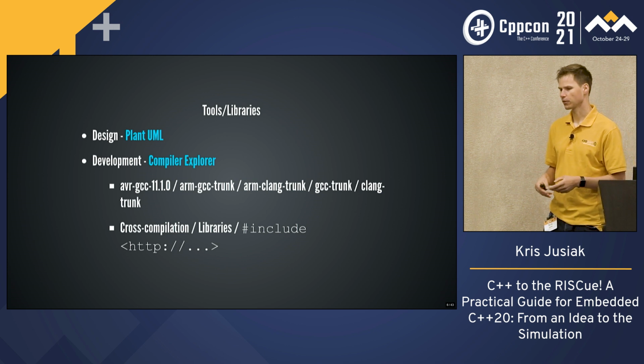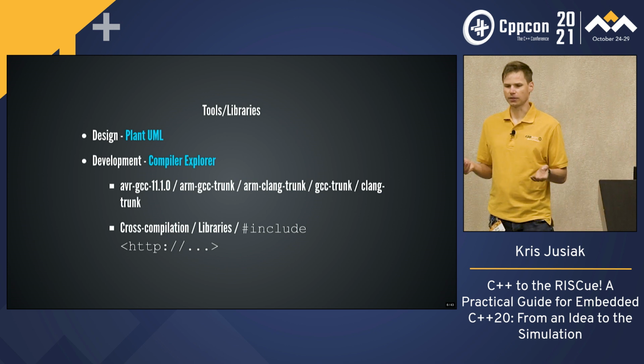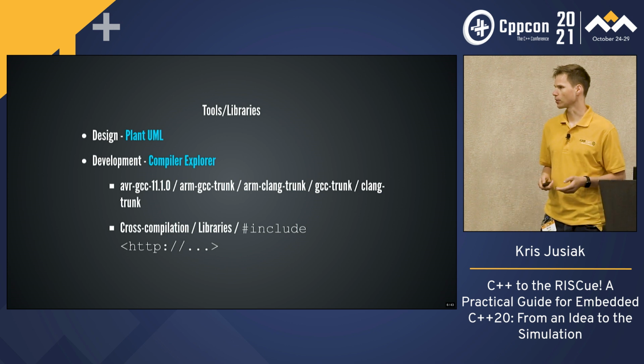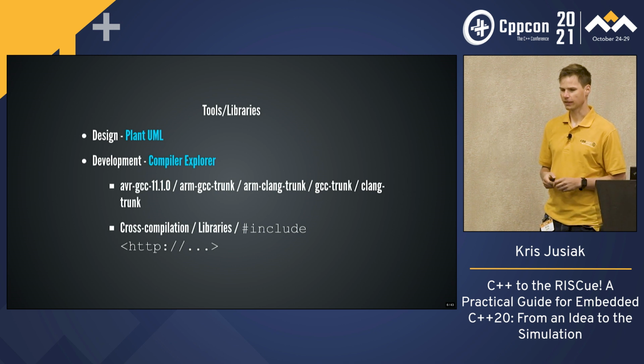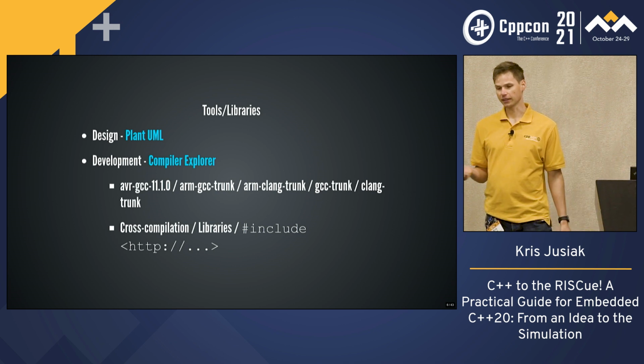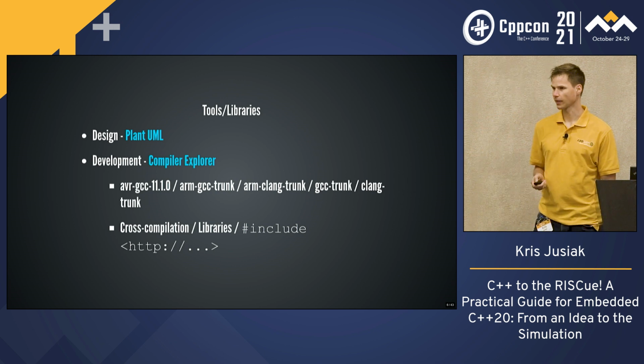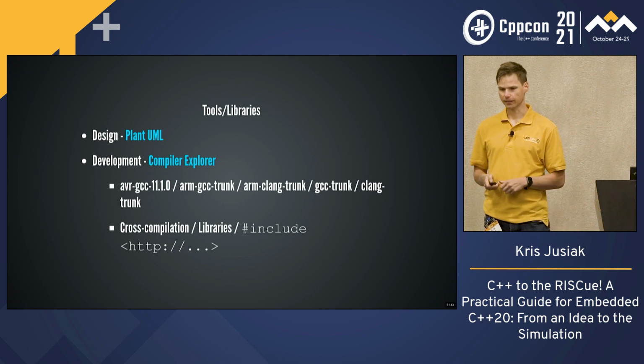But if you wanted to try out, I don't know, your silly stuff or something that you experimented with, you could just do include and GitHub raw, and we'll actually leverage that today. But the better solution at the moment is that you could use the multiple files and CMake and everything else, which is supported by Compiler Explorer. Thank you very much for that.